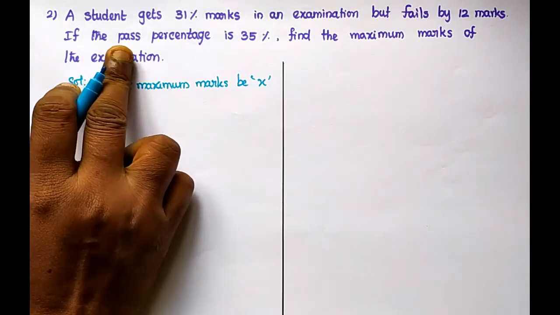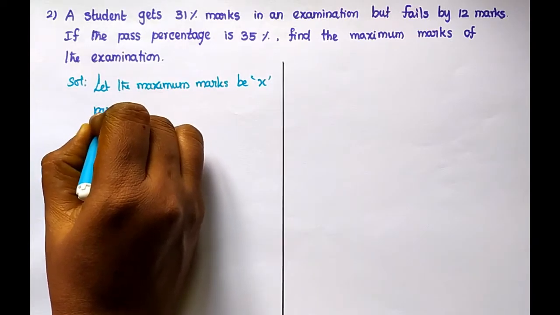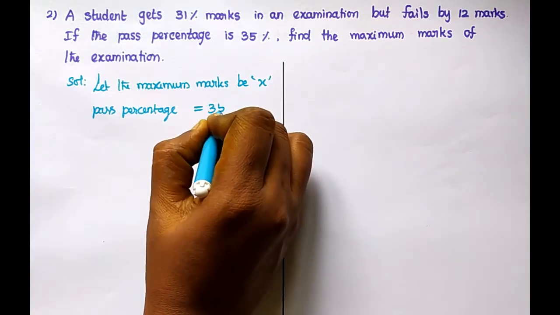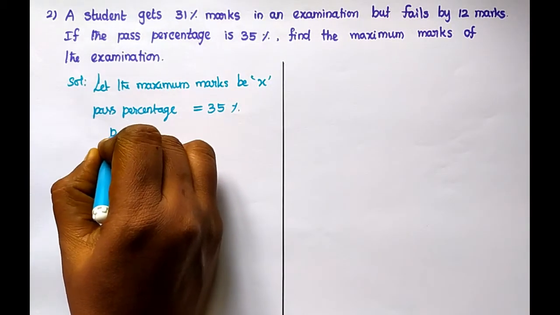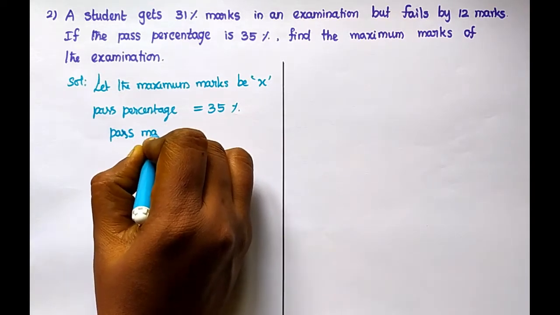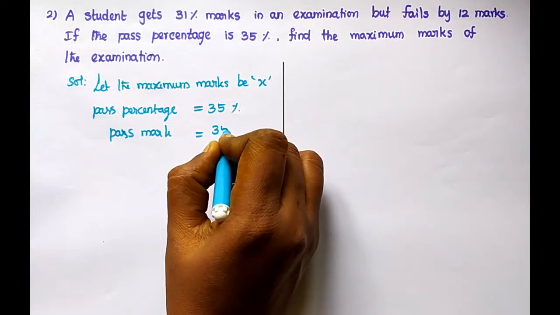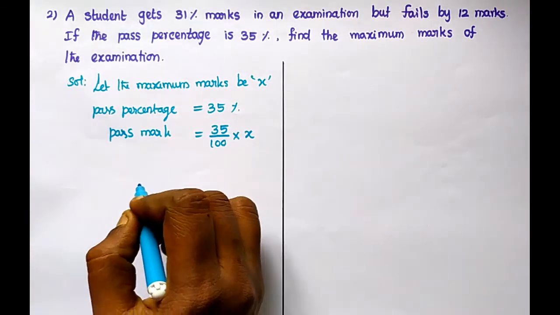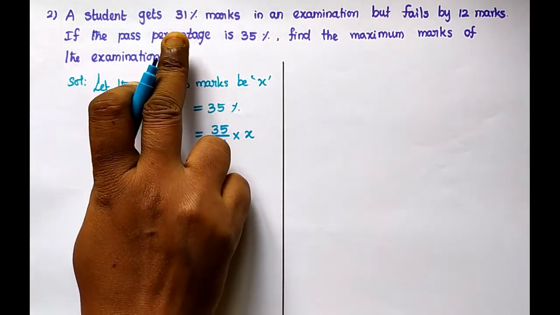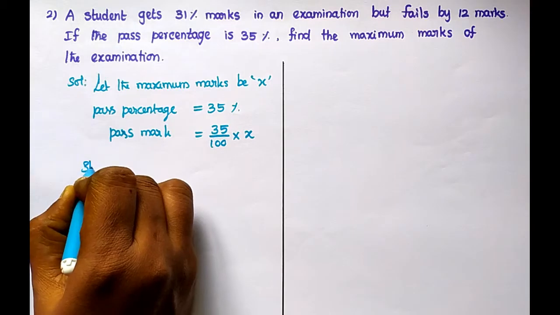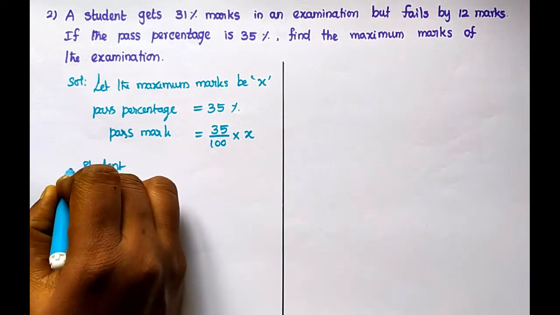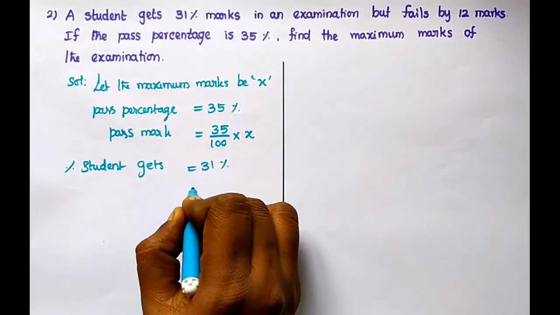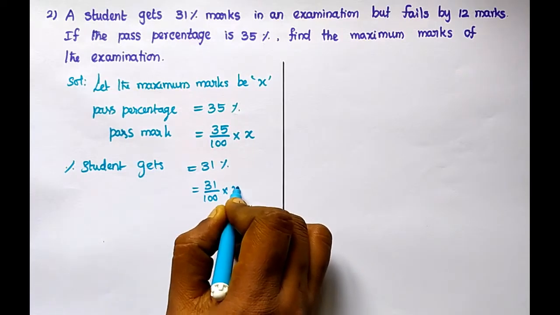So the given pass percentage is equal to 35%. So pass mark equal to 35% means 35 by 100 into x. And student gets 31%, that is 31 by 100 into x.